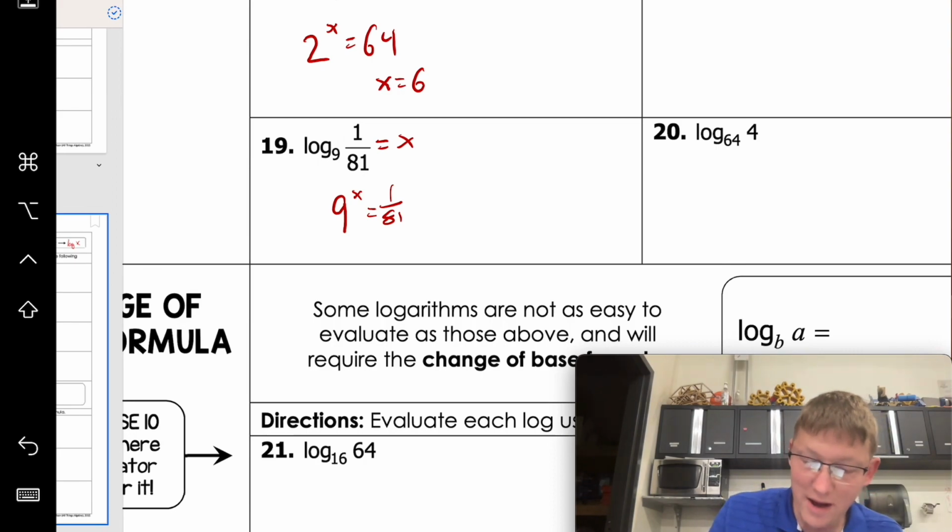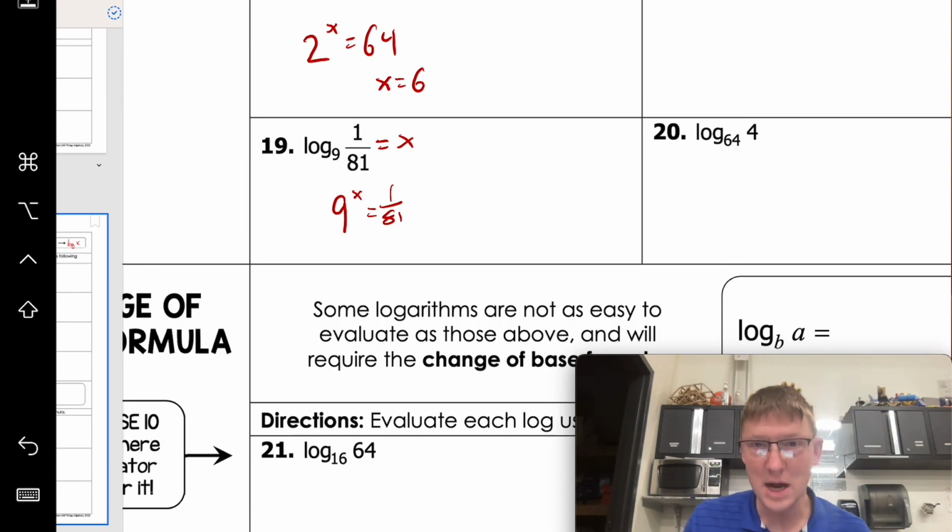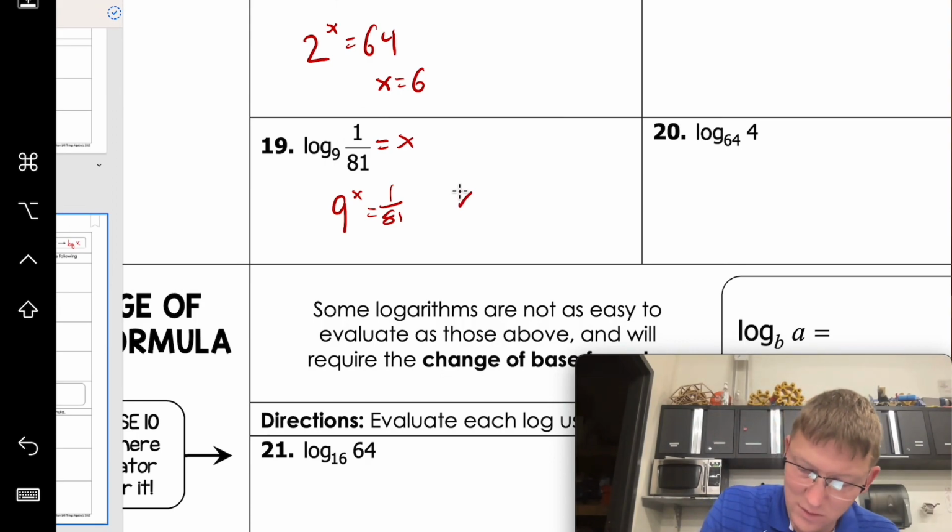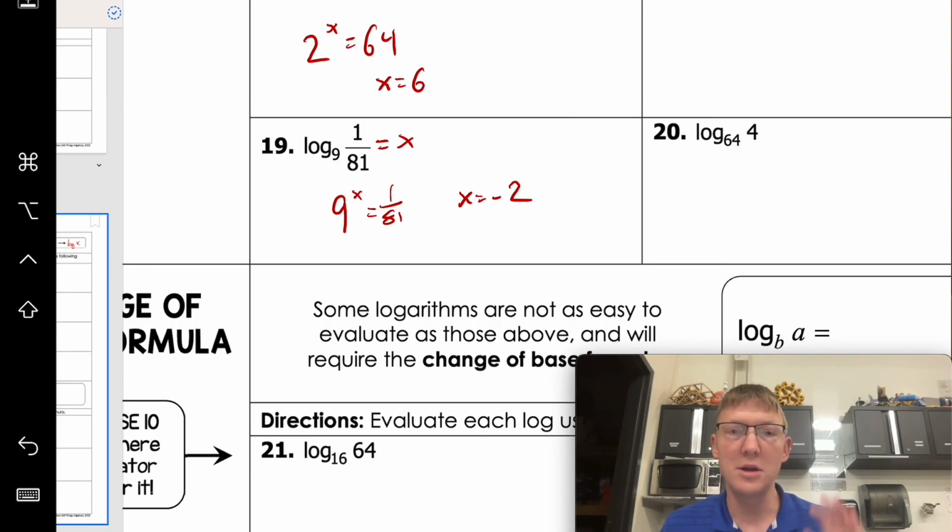I know my x is going to be a negative number, because 9 to a negative power gives me a fraction. And 81 is just 9 squared. So in this case, x is equal to negative 2. Again, you need to use the patterns you've seen to figure this stuff out.